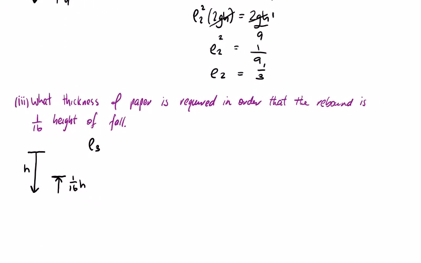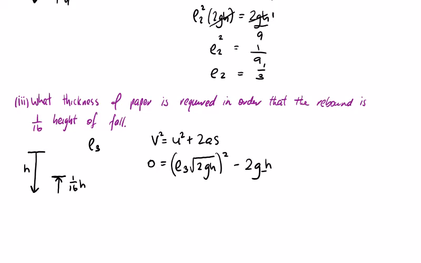So let's get E3. It's the same maths again. V squared is equal to u squared plus 2as. 0 is equal to E3 by the speed, which is the square root of 2gh, all squared, minus 2g, and the height is h over 16.